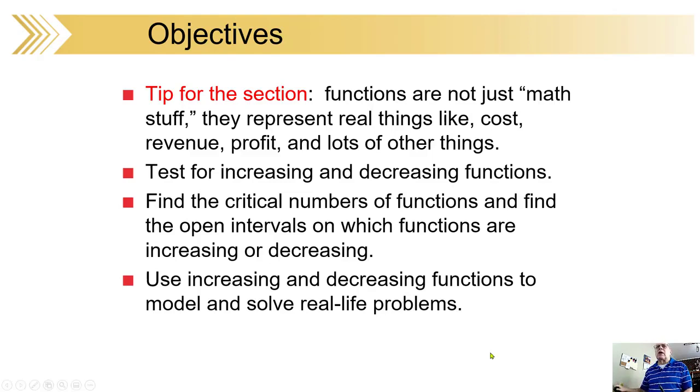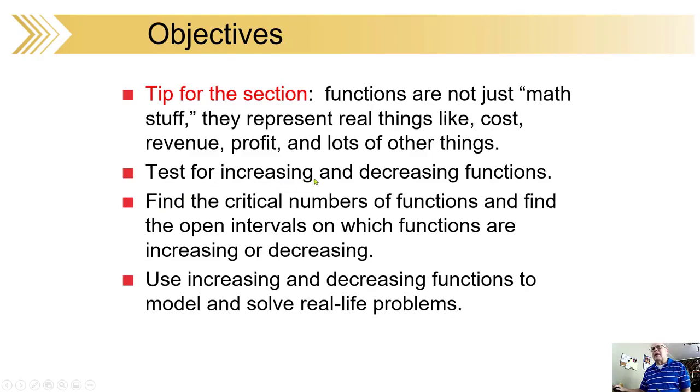And we're going to be talking about increasing and decreasing functions, critical numbers, increasing and decreasing functions to solve some real-life problems. From the second and the third, you might notice that we're going to be talking about derivatives.